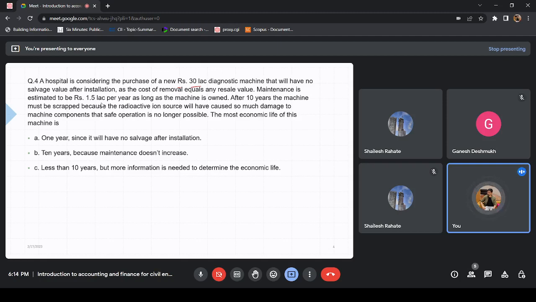So the reselling cost is 1.5 lakhs, but the modification that is now required in the hospital, taking the machine away, moving the equipment and all, is also costing the same 1.5 lakh. So the net salvage or net resale value is 0. Did you get that statement now?